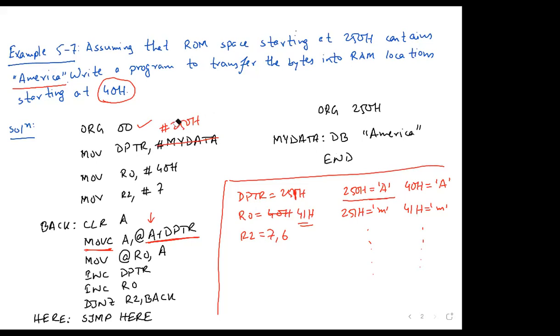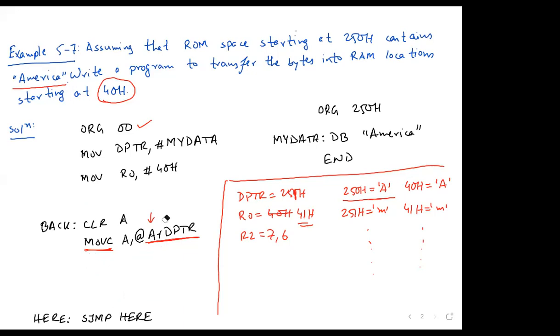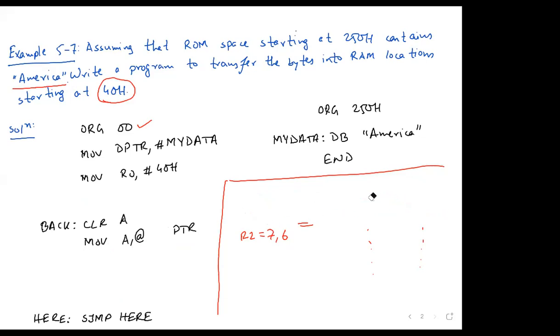Let me show you a little bit different thing. The code will be the same. I will rewrite this code in a little bit different way, just in a different way. The first three lines will be there. That is, your origin will be there, DPTR MYDATA is there, R0 40H will be there.